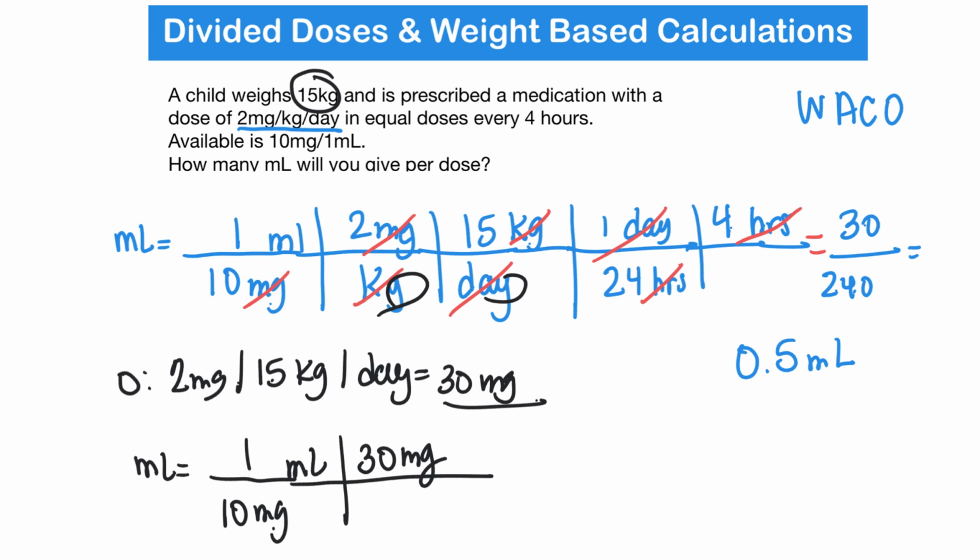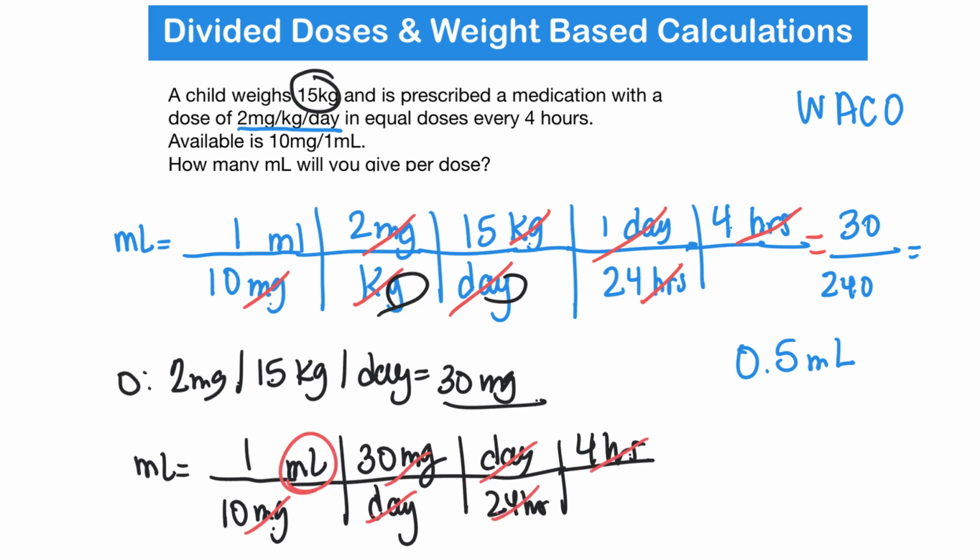But it's 30 per day. And I got to do my day up here. And 24 hours. 4 hours. Okay. And then can I cross everything out? Yup. And I'm left with the same, just ml. And that will also equal 0.5 mLs per dose.